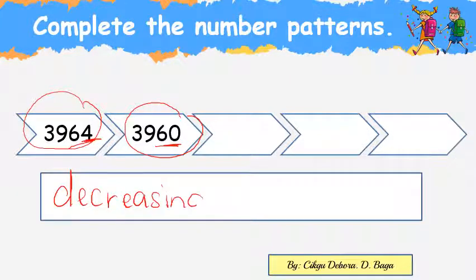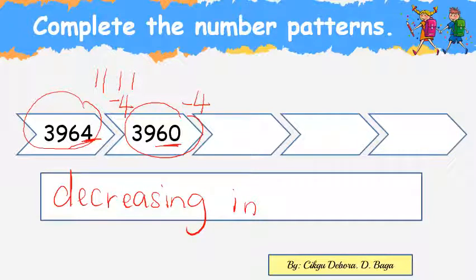Decreasing by how many? We need to count from 64 to 60, because in the thousand and hundred place value the number is the same. So 64 to 60: 64, 63, 62, 61 and 60. That means we need to minus 4. Then the next number also you need to minus 4.